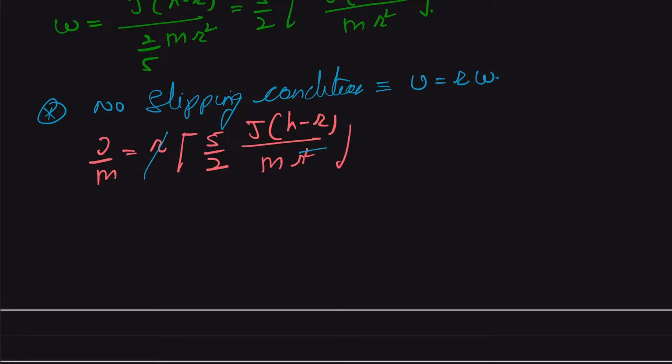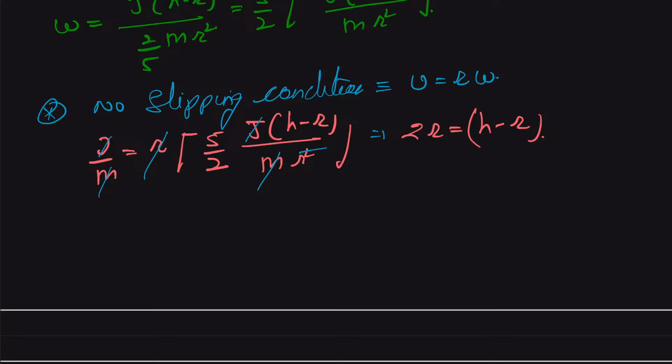And here this R goes by the square, and we can also cancel out our J, and we can cancel out our M. Therefore, we can say that our 2R will be equal to 5 times (h minus R).